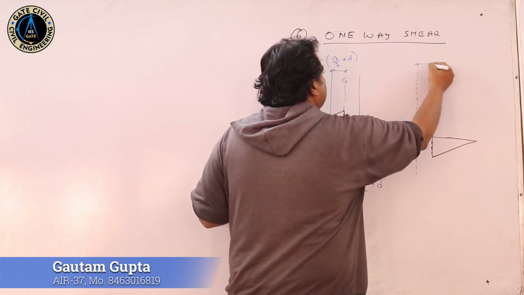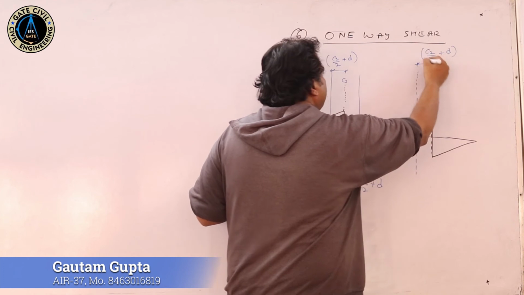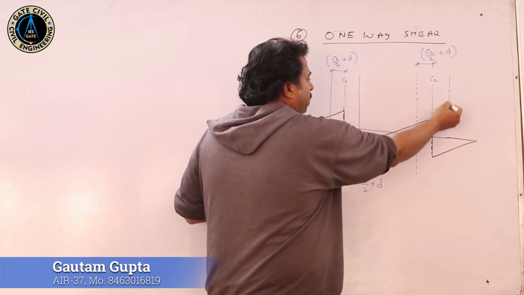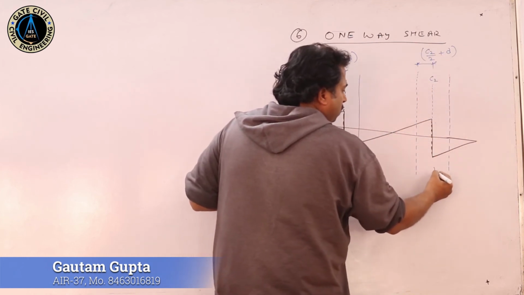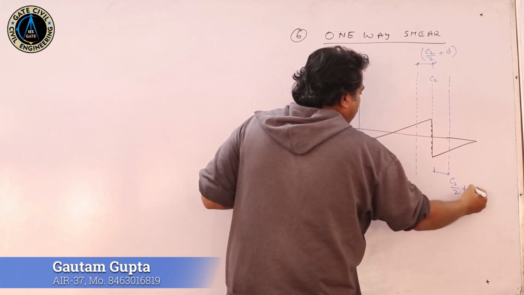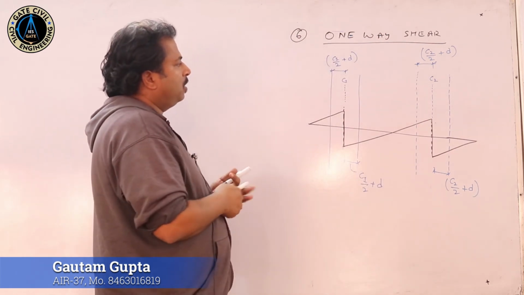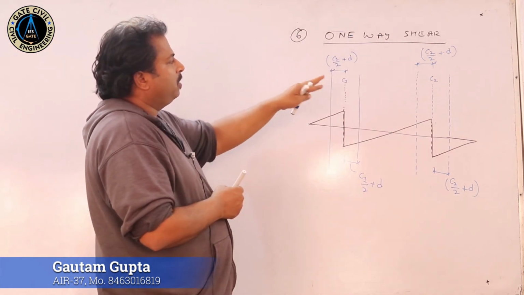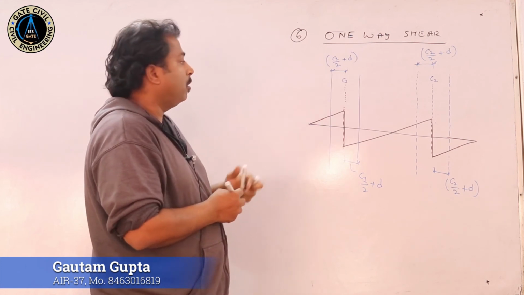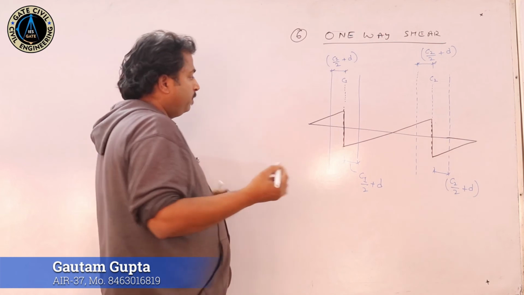So this becomes C2 by 2 plus d, and here also this distance becomes C2 by 2 plus d. So all these lines which we had drawn at the d distance from the face of the column are the critical sections where we need to check the shear.